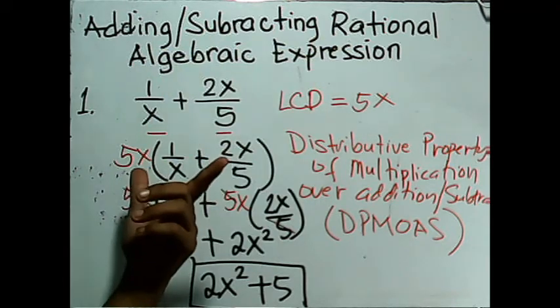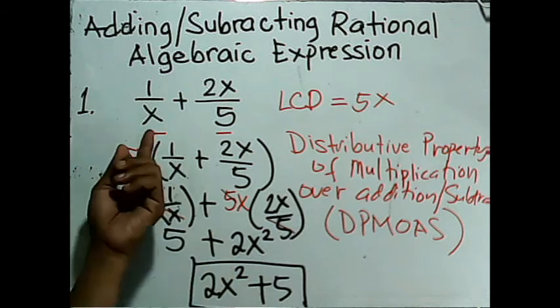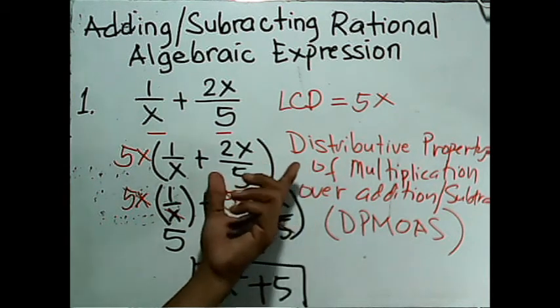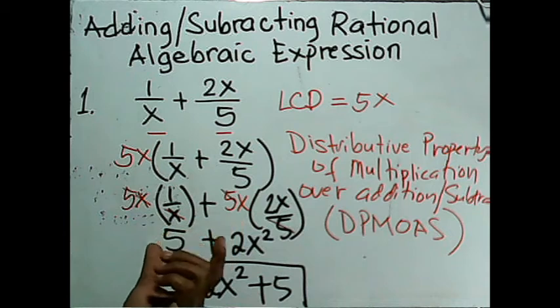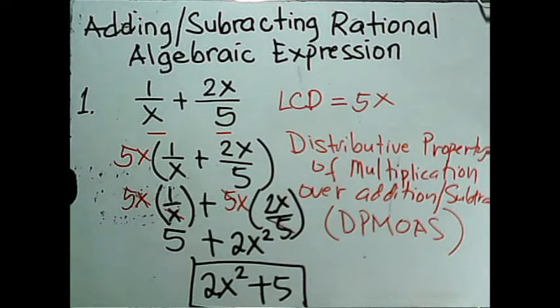Okay, so again, to add or subtract rational algebraic expressions, that is, transforming a rational algebraic expression to a quadratic expression, the first thing you do is find the LCD. To find the LCD, you multiply the denominators. The product is your least common denominator. Next, you multiply the LCD to the binomials, or to the whole algebraic expression, the whole polynomials.